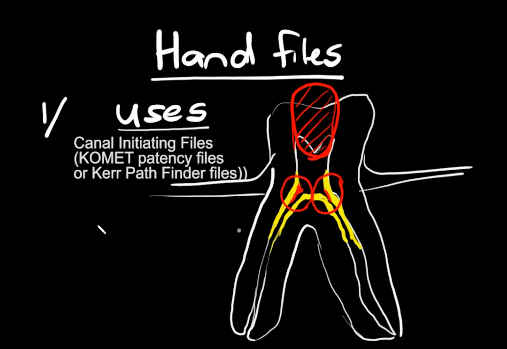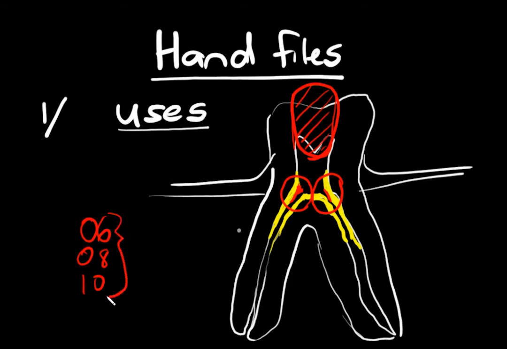So the 06, the 08, and the 10 files are obviously very flexible, and if they're too flexible, they just buckle under the pressure of us using our hands to push into the calcified canals. So what you want is a stiffer or more rigid 06, more rigid 08 and 10.